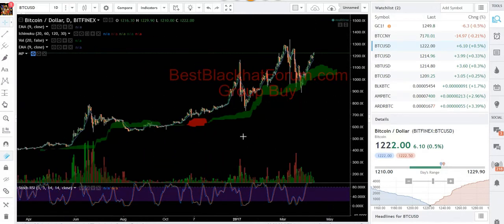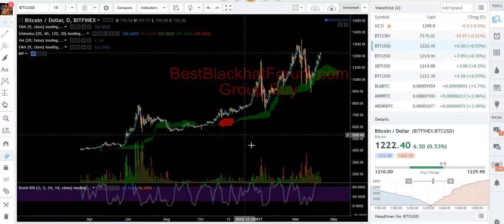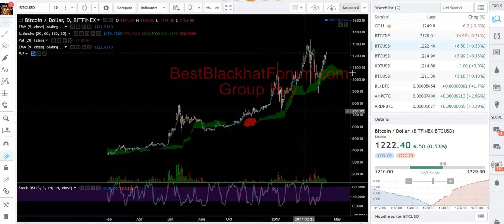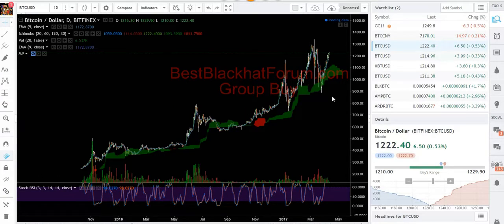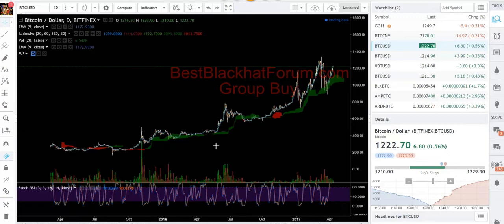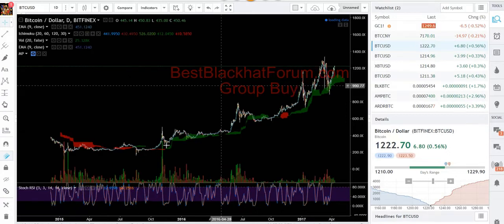Basically, to summarize it and keep it as simple as possible, when the price is above the clouds, you're in a bullish trend. When the price is below the clouds, you're starting to go into a bearish trend. Let's point out some things here. Notice how Bitcoin this entire year that it's been in a bull trend has been above the clouds.